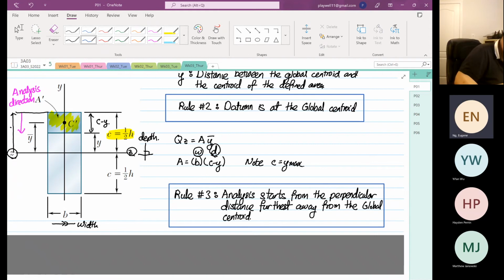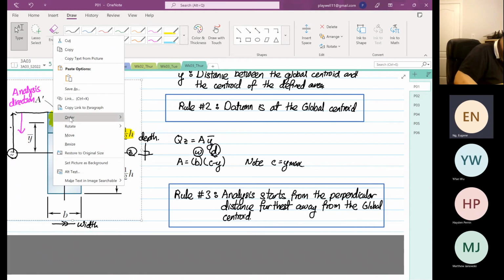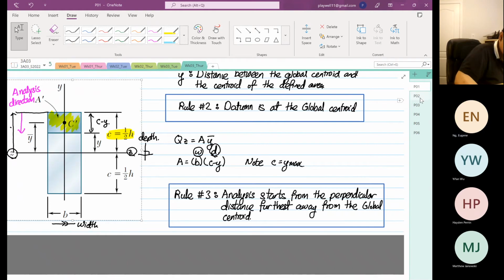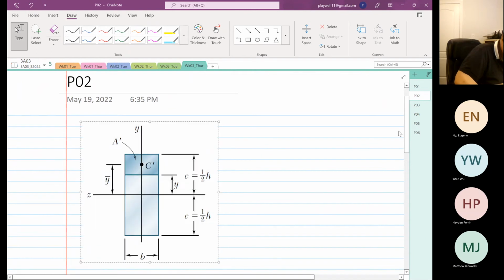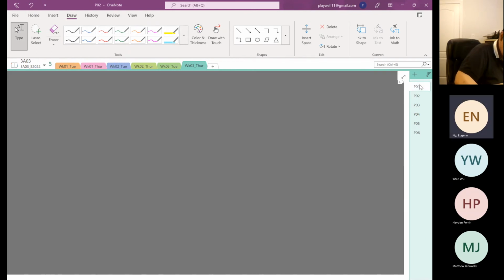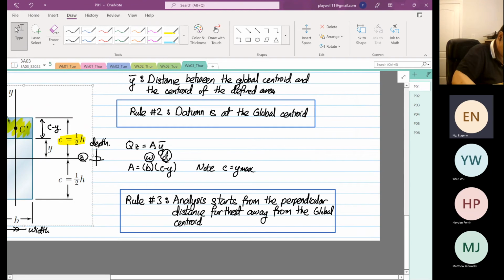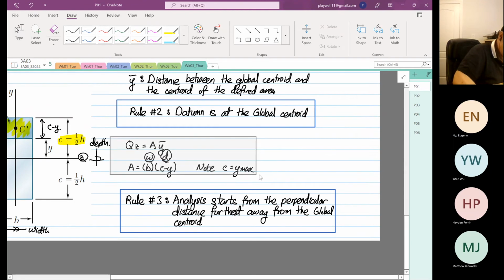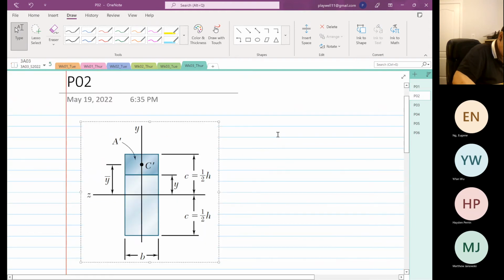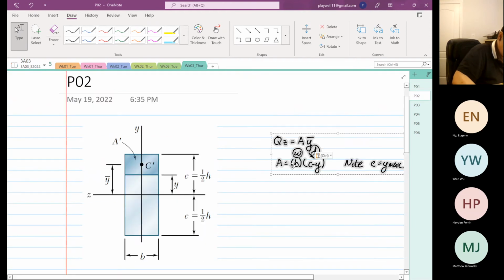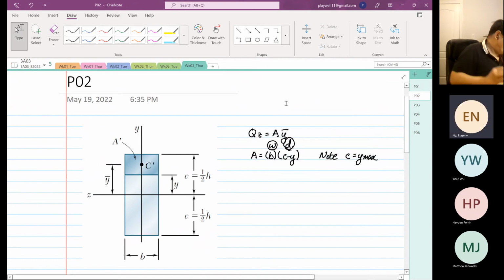So what I do, I'm going to go to the next page. I will need to copy this diagram, and I will copy this equation over here. So we found our area.